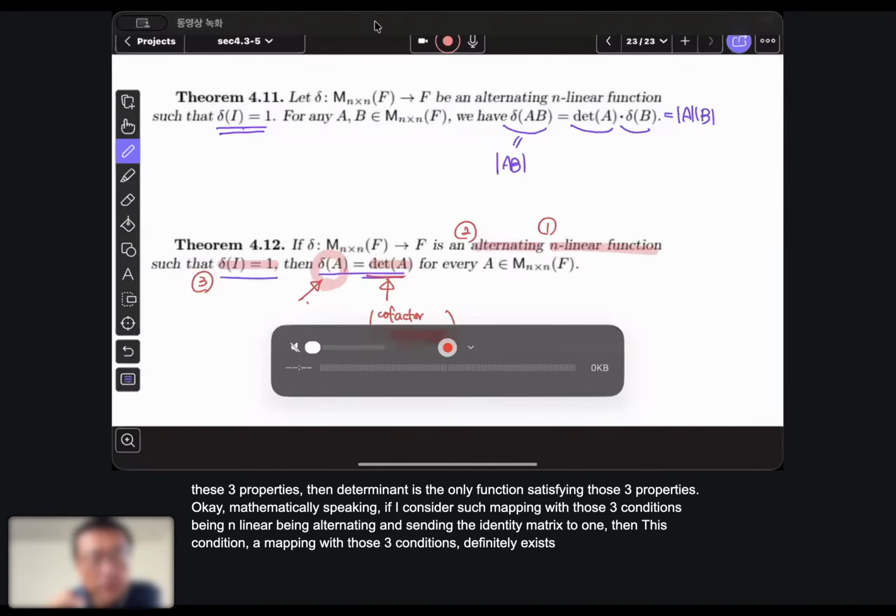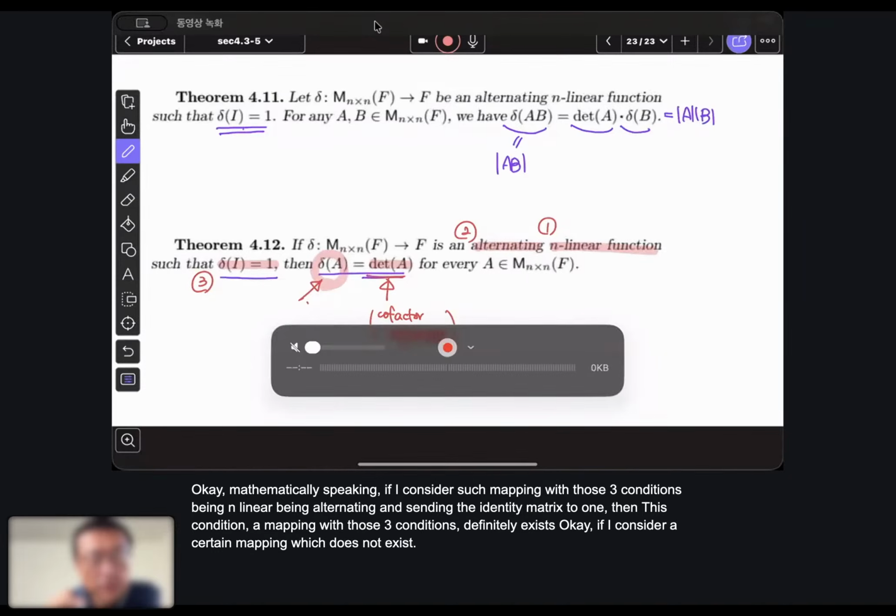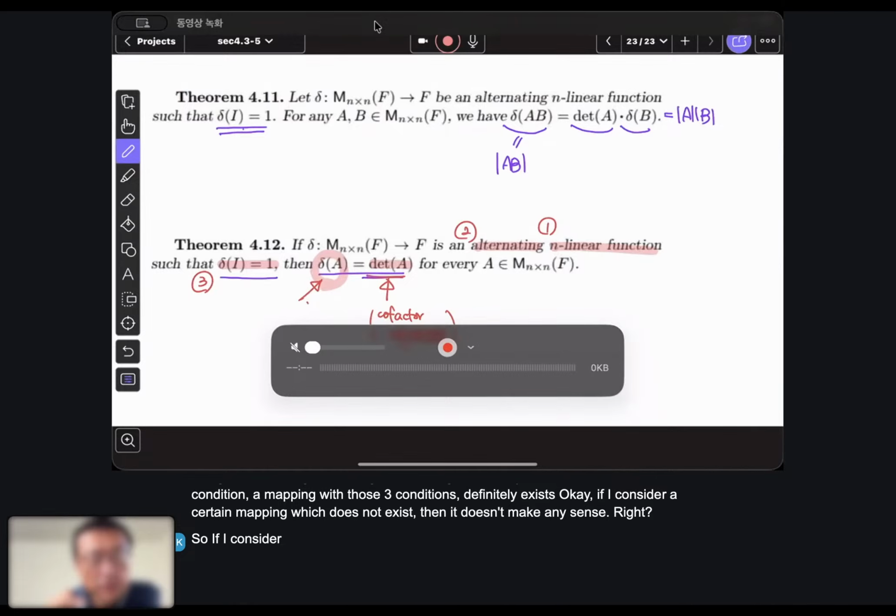If I consider a certain mapping which does not exist, then it doesn't make any sense, right? So if I consider a certain mapping, there should be several functions satisfying those properties.